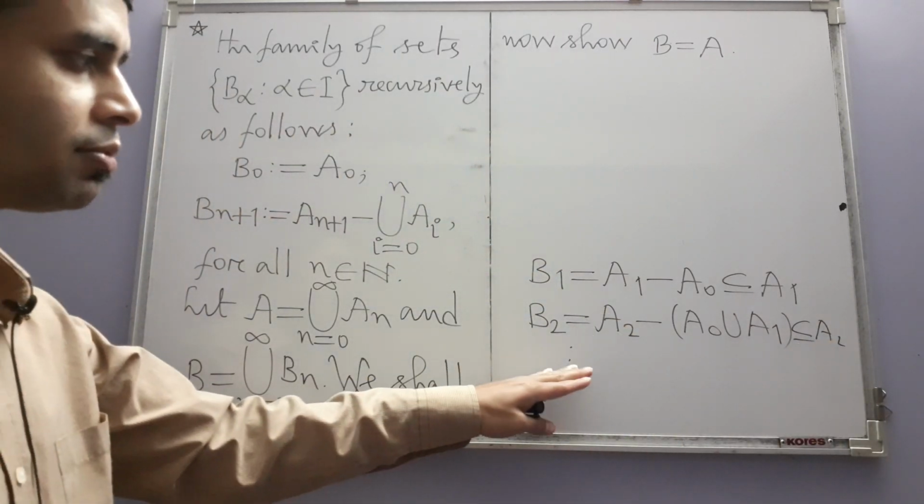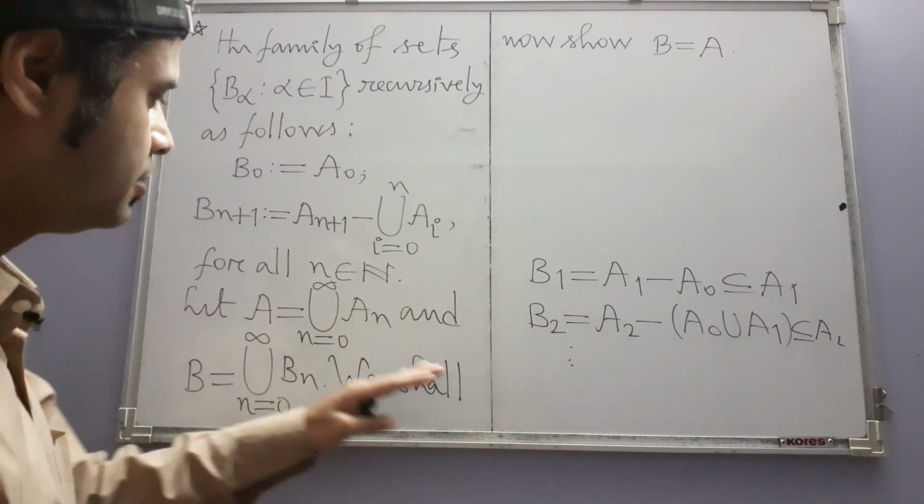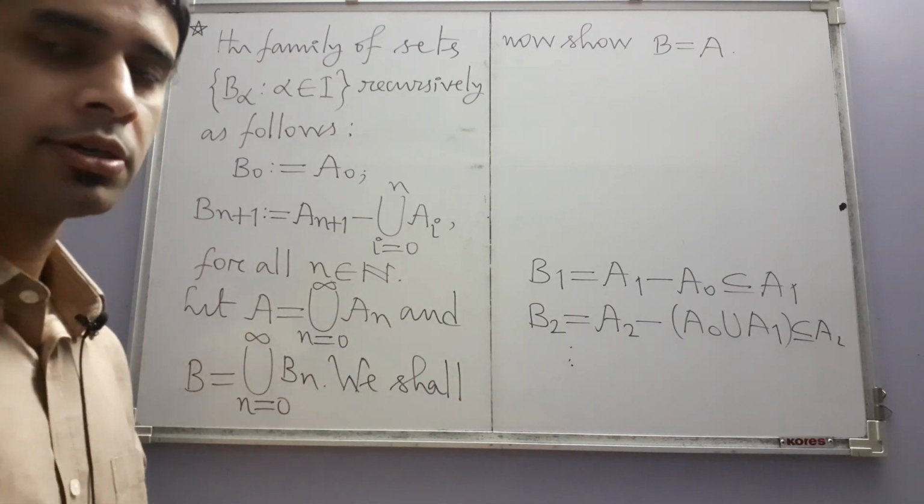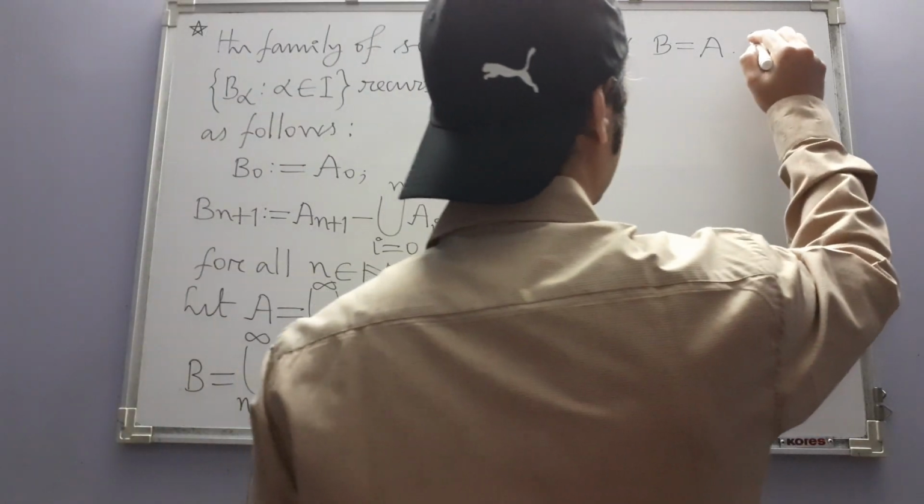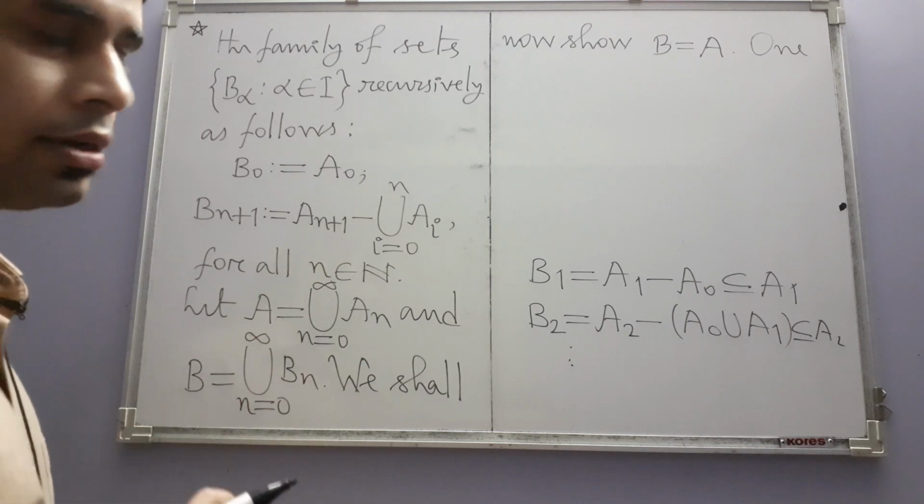And this observation actually is a fact. In general, each Bn is a subset of An, which, if one wants, one can prove by induction.